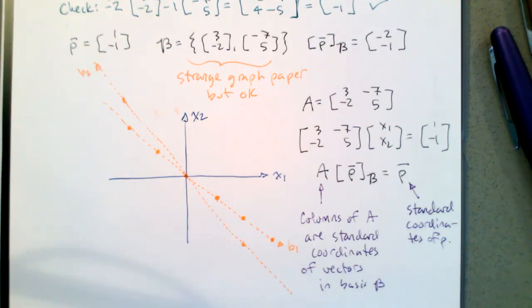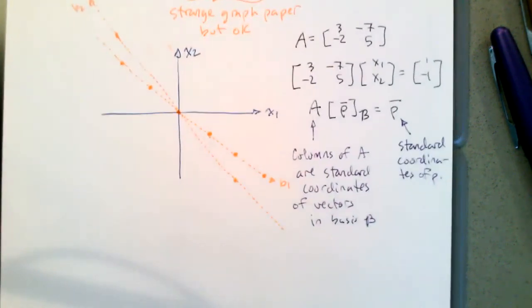So in other words, can we say that P sub B is going to be a vector, and that makes the matrix A the augmented matrix? No, A is not an augmented matrix because we're multiplying A times the coordinate vector of P relative to B. The augmented matrix goes with an equation.